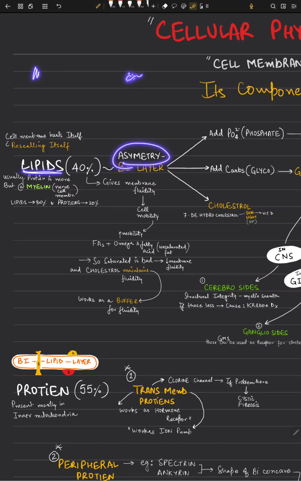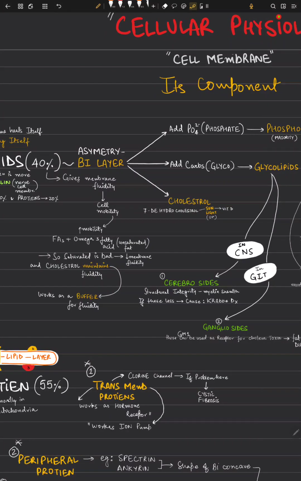Lipids make up about 40% of the whole cellular membrane, and they are a bilayer, and they give the membrane fluidity. Fluidity is really important in cell biology, in cell mobility, because if the cell is not mobile, it won't be able to survive for a longer time.